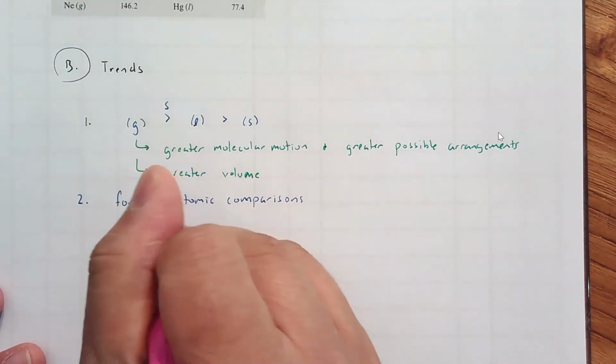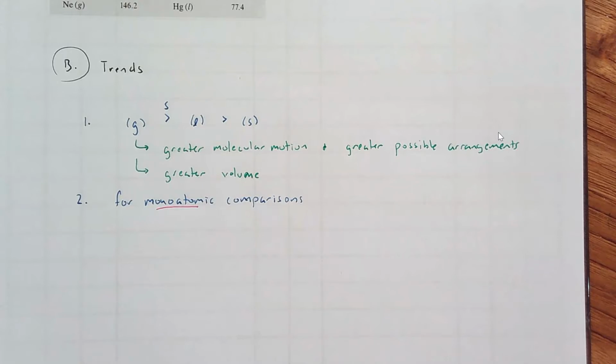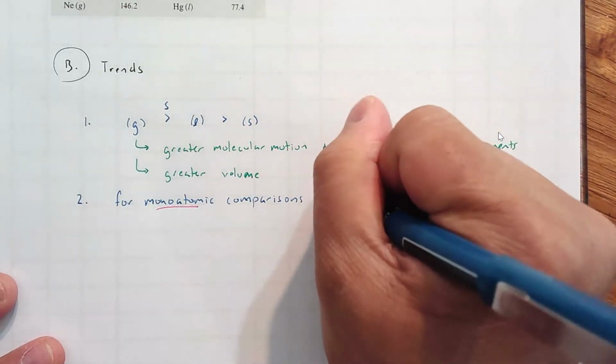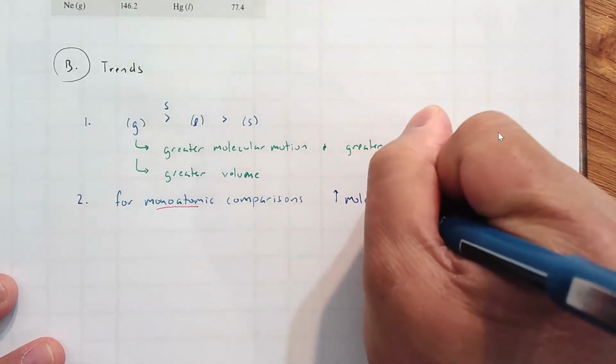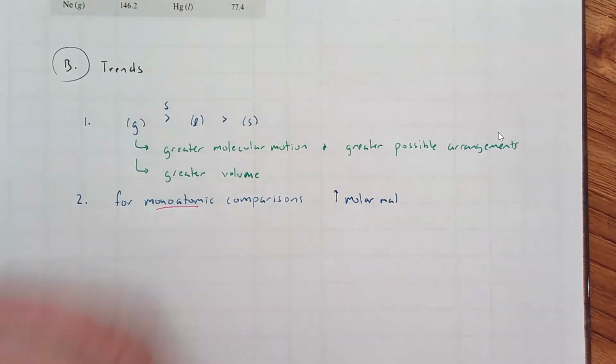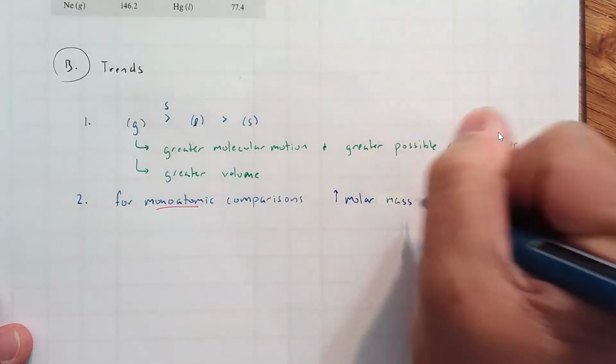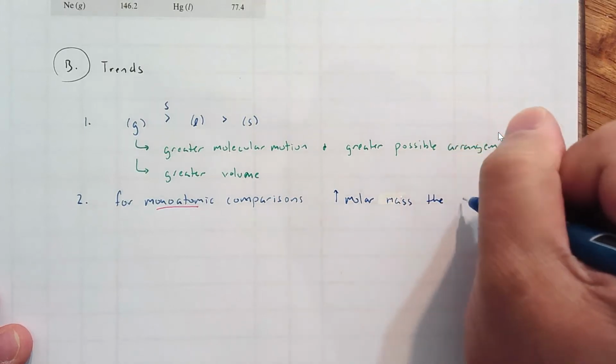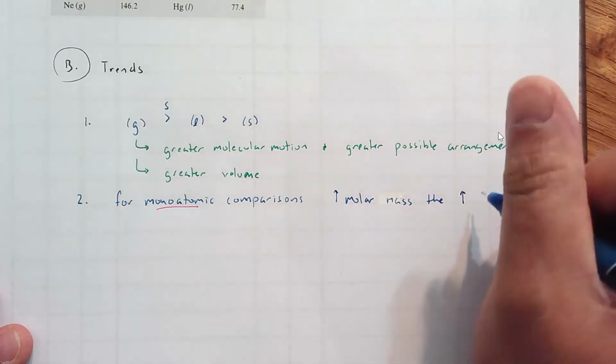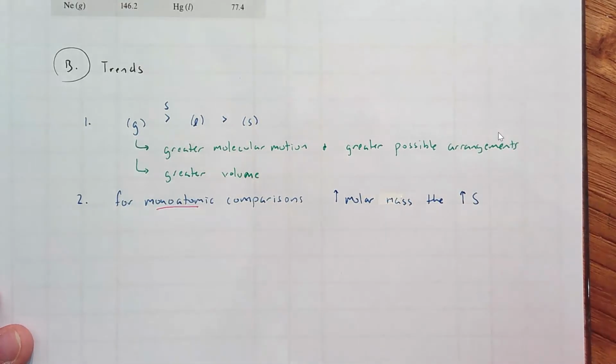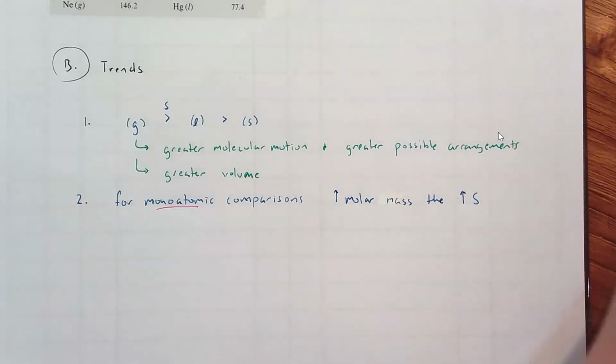So for monoatomic comparisons, the greater the molar mass, the greater the entropy. And what are we comparing? Let's compare sodium, neon, and helium. Do I have a periodic table anywhere?